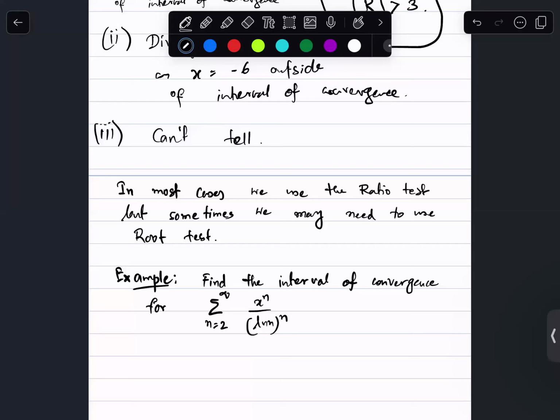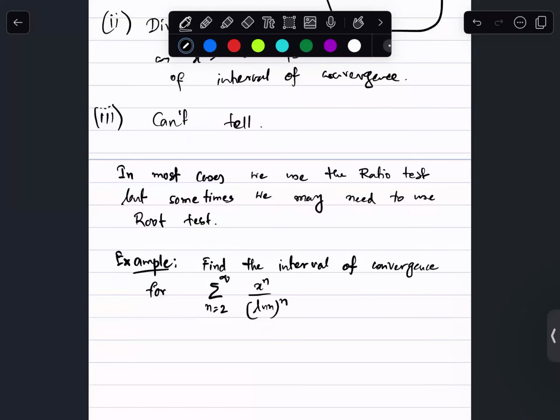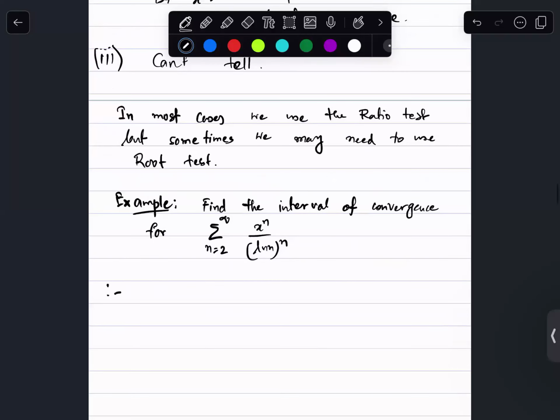Okay, for the next problem, the remark I want to make here is that in most cases, when the question asks to evaluate the radius of convergence or the interval of convergence, we use the ratio test, but sometimes it is more convenient to use the root test.